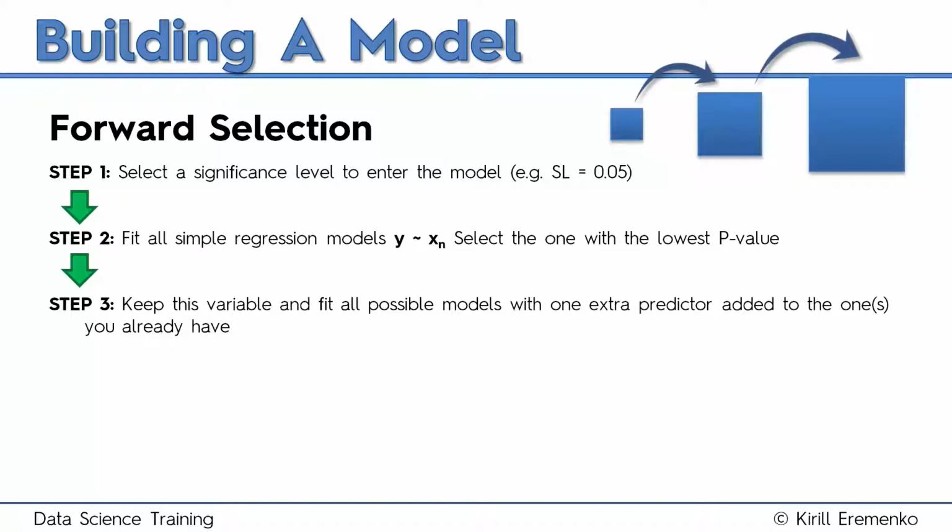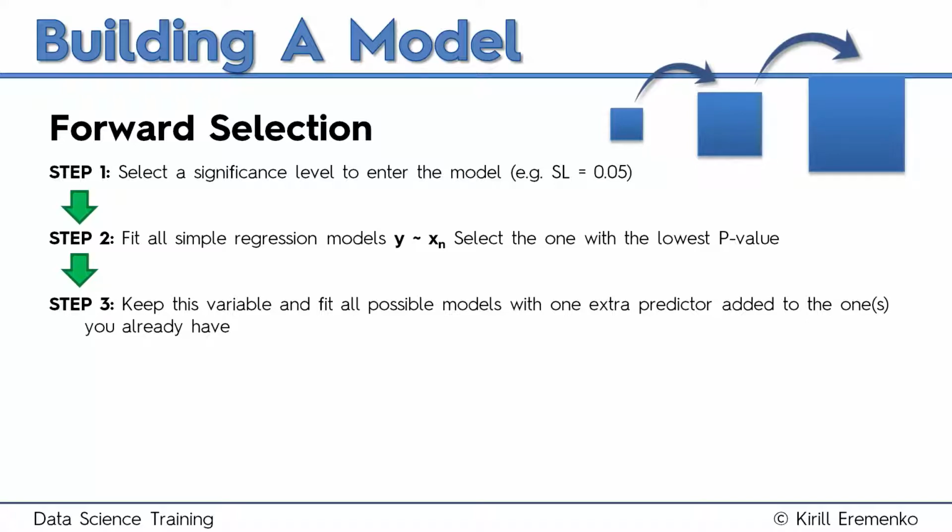So what does that mean? That means we've selected a simple linear regression with one variable. Now we need to construct all possible linear regressions with 2 variables, where one of those 2 variables is the one we've already selected. So we add on all of the other variables one by one. Let's add on this variable, and then let's add on the next one, but separately.